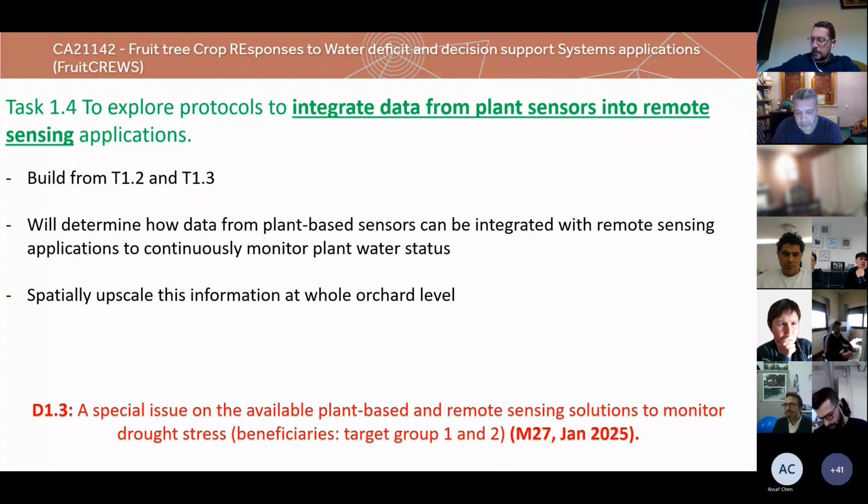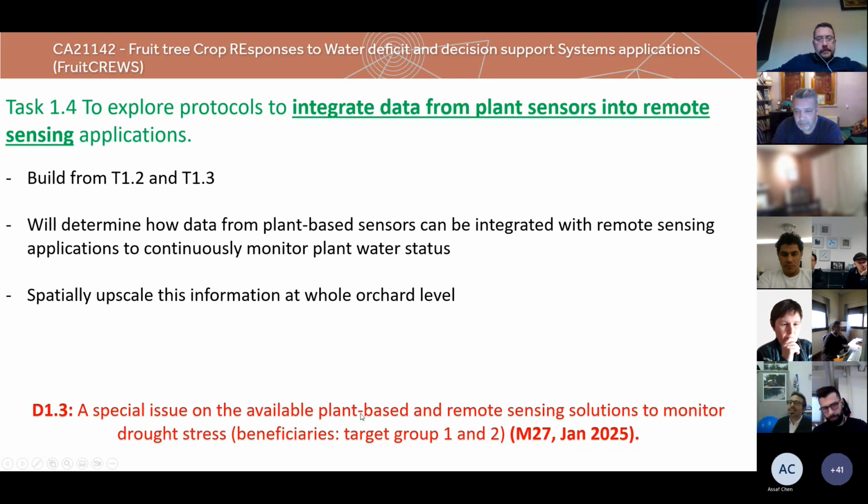And in task 4, the idea is to integrate the proximal with the remote sensors information. Here you see also a special issue about remote and proximal sensors.